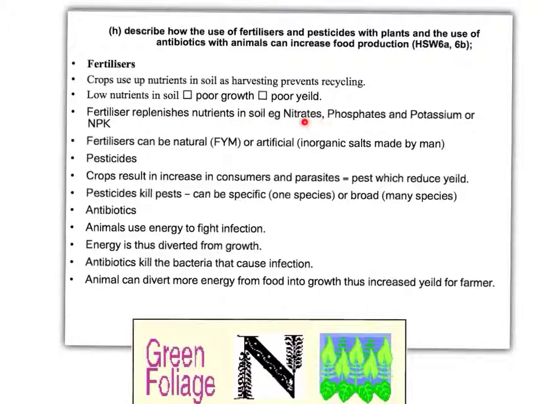These fertilizers will contain these chemical components, nitrates, phosphates, and potassium. They're called NPK fertilizers, but they'll also contain other trace elements like magnesium, which, as you know, is important in the production of chlorophyll molecules.